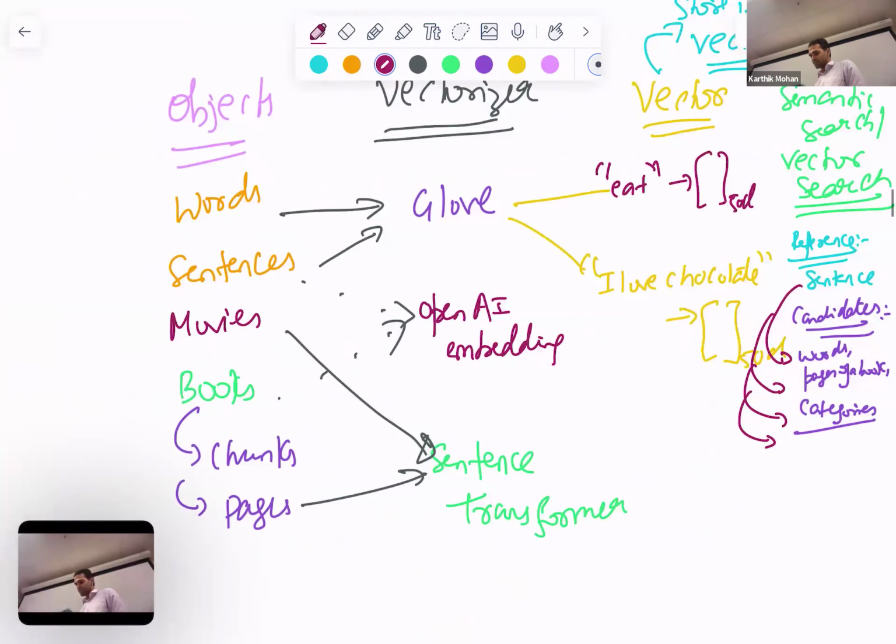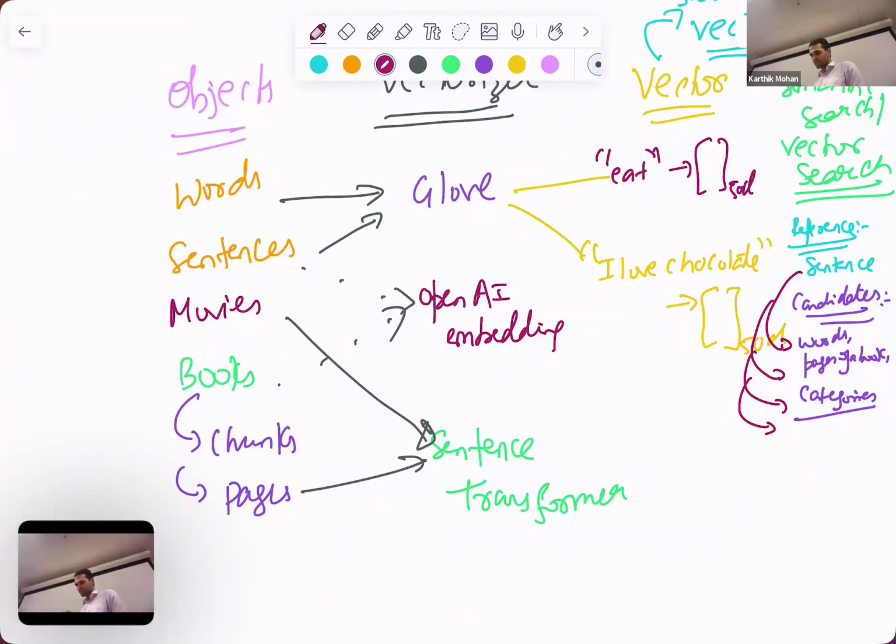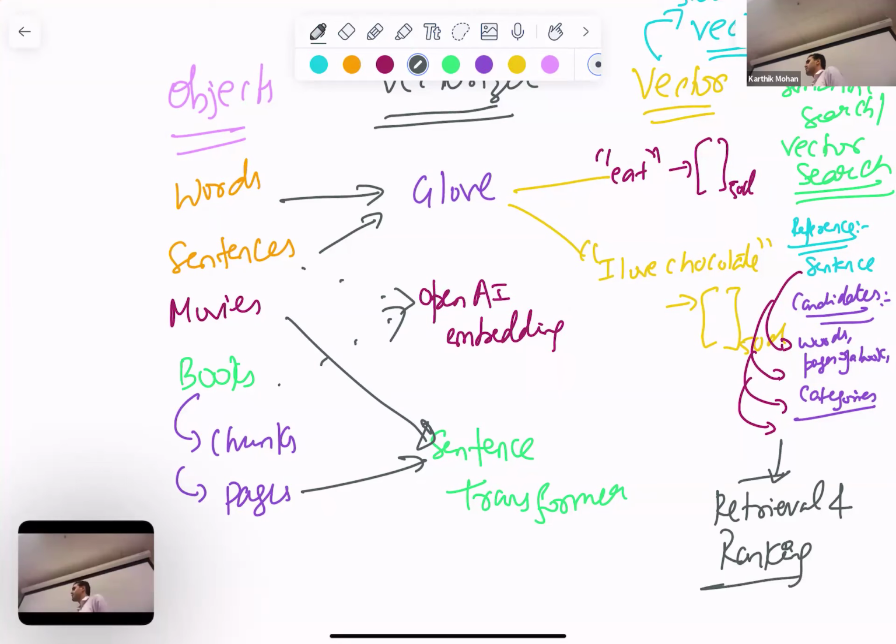Okay. So this is also connected to retrieval and ranking. So here's a question for you guys. I do some vector search. I want to retrieve pages of a book that are relevant to a question I asked. Now I get 5 different results.